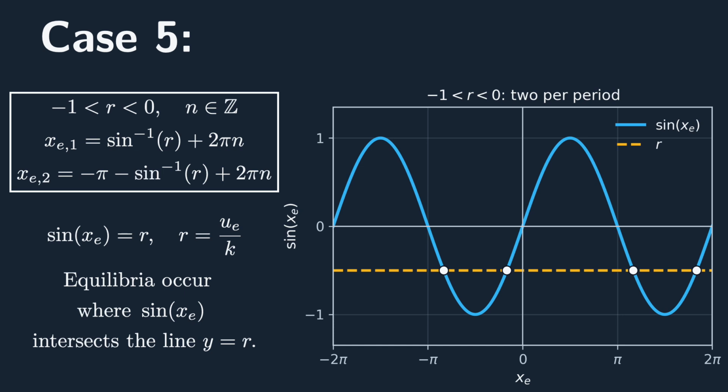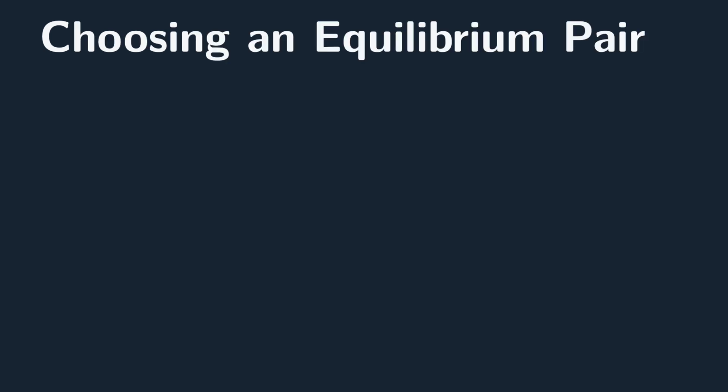The takeaway is that inverse sine gives one useful value, but not the full set of equilibrium positions. For sine, we may need to specify one equilibrium value, restrict xe to a chosen range, or describe the full repeating pattern. The important takeaway is that, for a system with an input, an equilibrium is not just the value xe, it's the pair xe-ue.